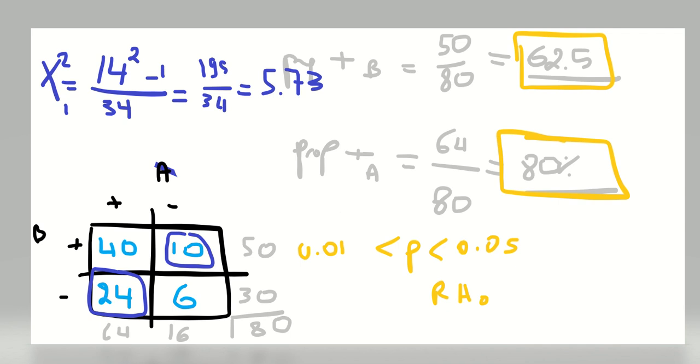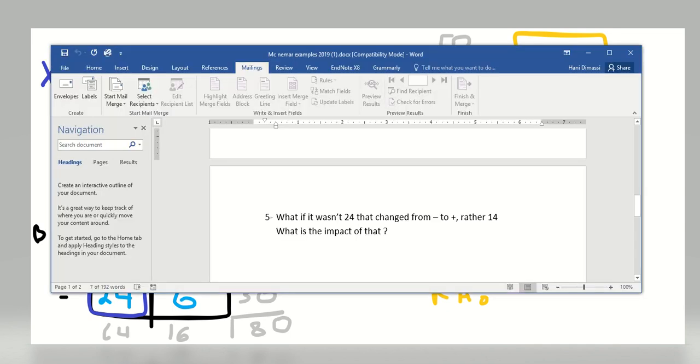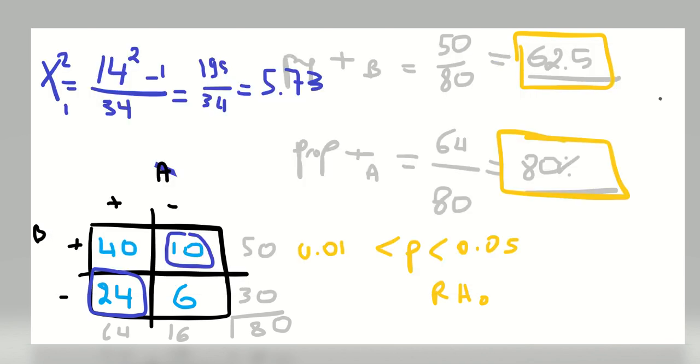So the question: what if instead of 24, actually it was 14? Okay, so this here should be 14. So here they should be 14. That means if they add up to 30, here they should be 16. So that means 10 plus 16 here becomes 26, and these become 54. What happens to that?